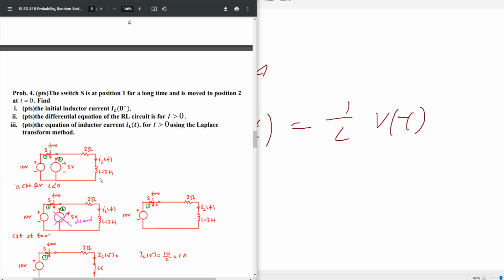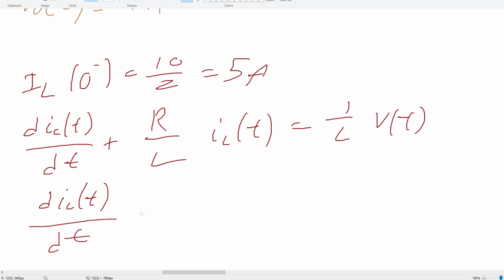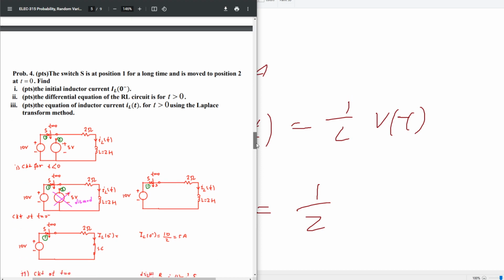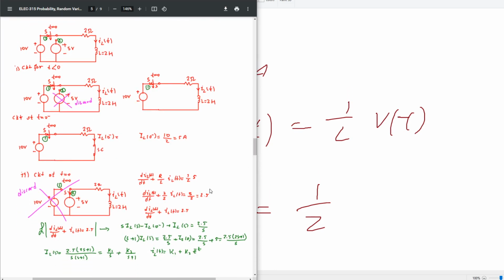Resistor is 2, L is 2. Okay, so this is 2 over 2. This is a very easy problem. Plus I_L(t) is equal to 1/2 V(t). What was V(t)? V(t) is 10, right? I think if you write 10, that should be correct.